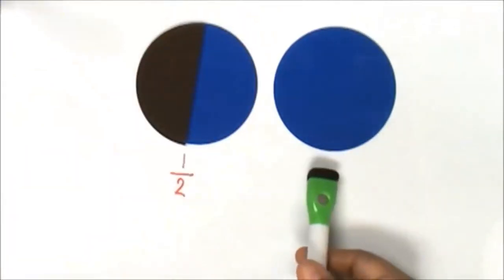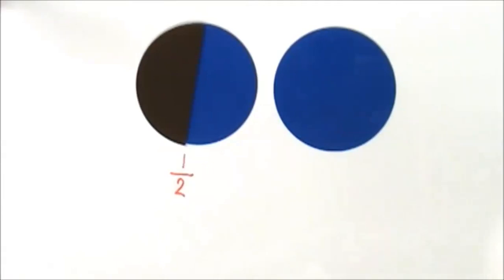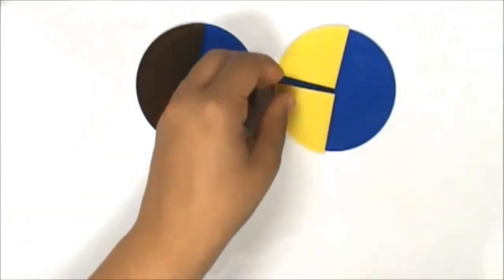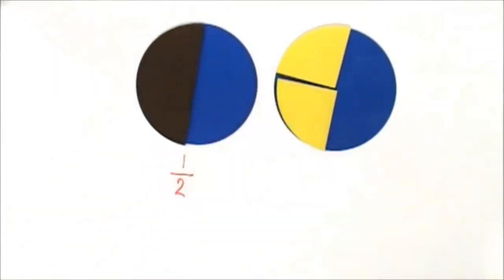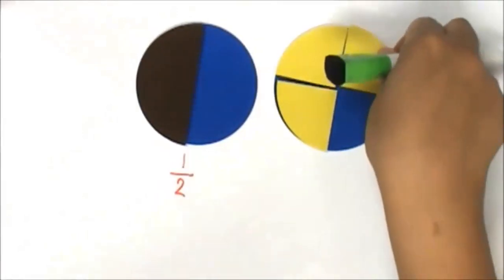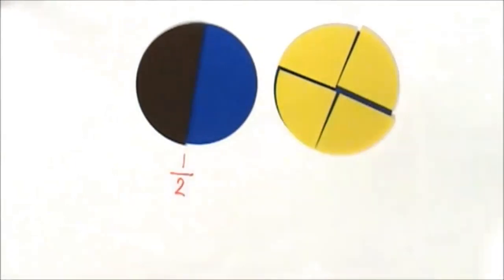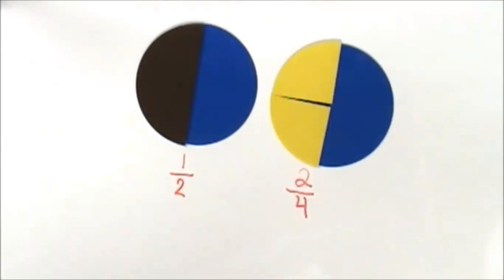Let's partition the second circle, the second whole, into fourths, 4 equal parts. 1/4, 1/4, 1/4, 1/4. Let's represent 2/4. It looks like 1/2 and 2/4 are the same size and they cover the same portion of each circle.